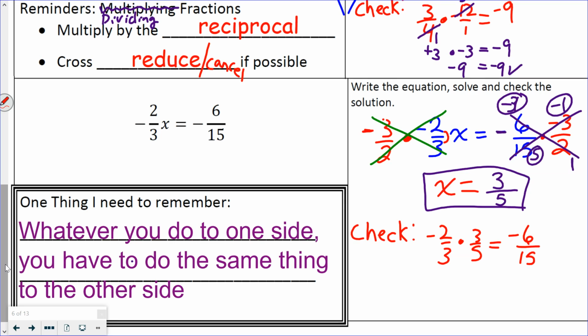And remember, since we have a negative and a positive, we get a negative product. So my answer has to be a negative, which is a good sign because that's what my other is. So then I just take my 2 times 3 to get my numerator of 6, and 3 times 5 to get my denominator 15. And that is exactly what I'm wanting.